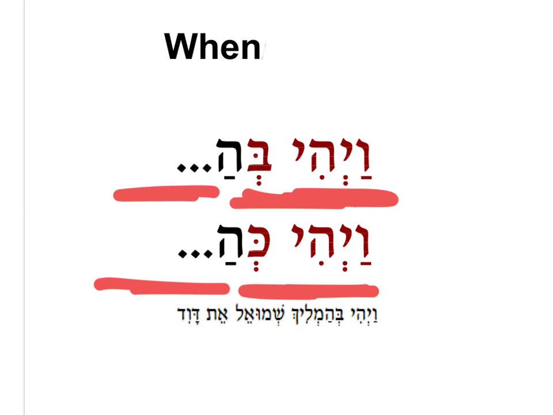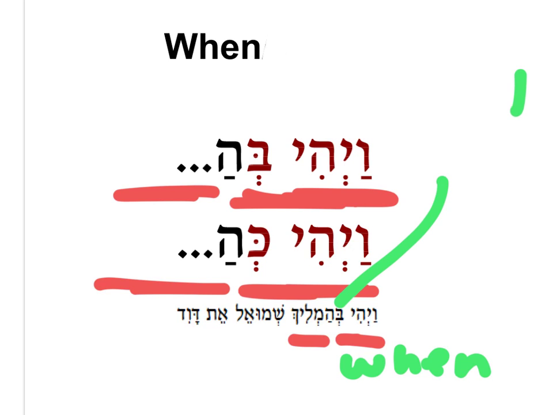So look at this, vahi be, hamlich. Let's translate. What's vahi be? Vahi be is when. Hamlich: when Shmuel crowned et David. Remember, hamlich, from malach, mem lamed chaf, appears in kal, so it's caused to rule, which means crown.